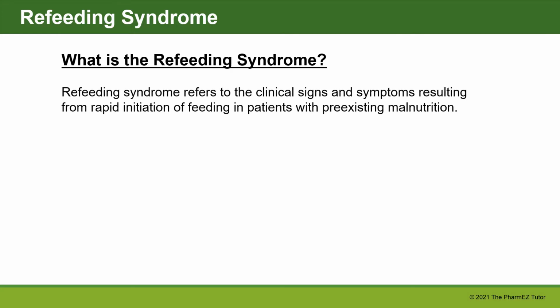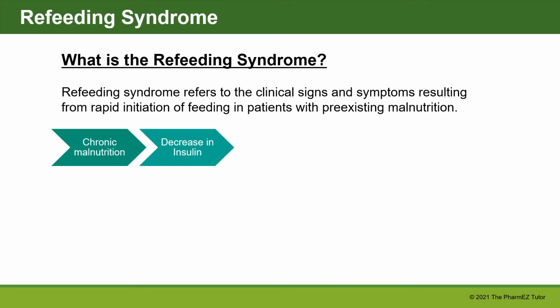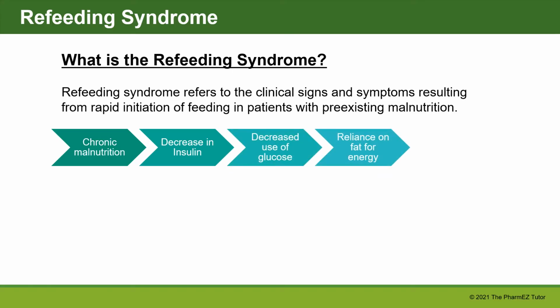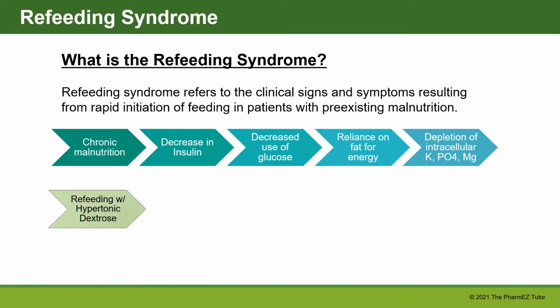Let's talk a little bit about the refeeding syndrome. What is the refeeding syndrome? The refeeding syndrome refers to the clinical signs and symptoms resulting from rapid initiation of feeding in patients with pre-existing malnutrition. So in chronic malnutrition, these patients have a decrease in insulin and decreased use of glucose, and a reliance on fat for energy, which results in depletion of intracellular potassium, phosphate, and magnesium.